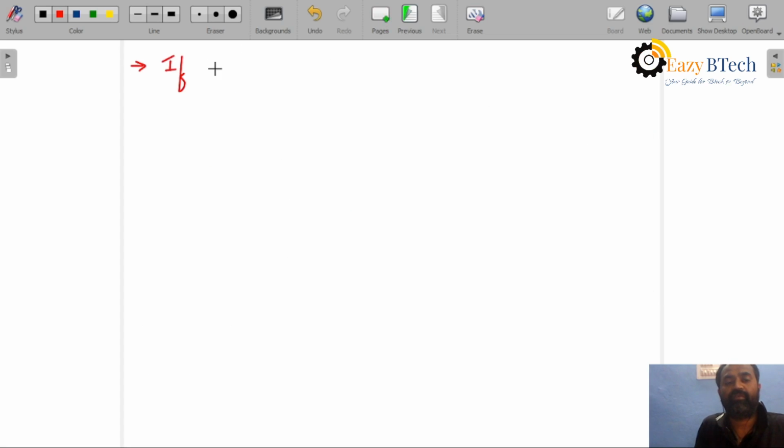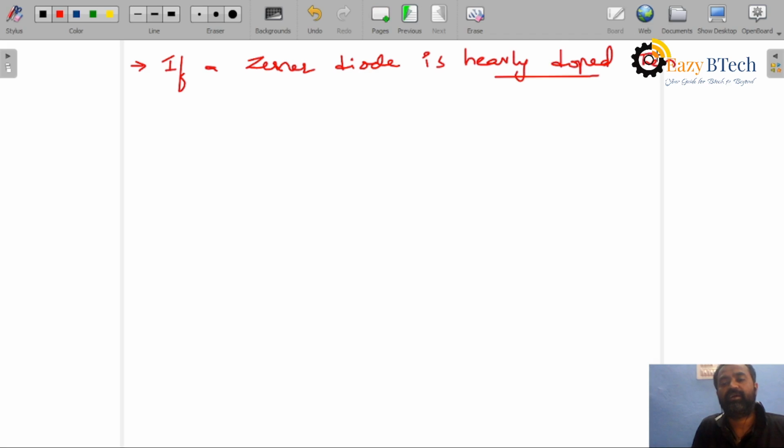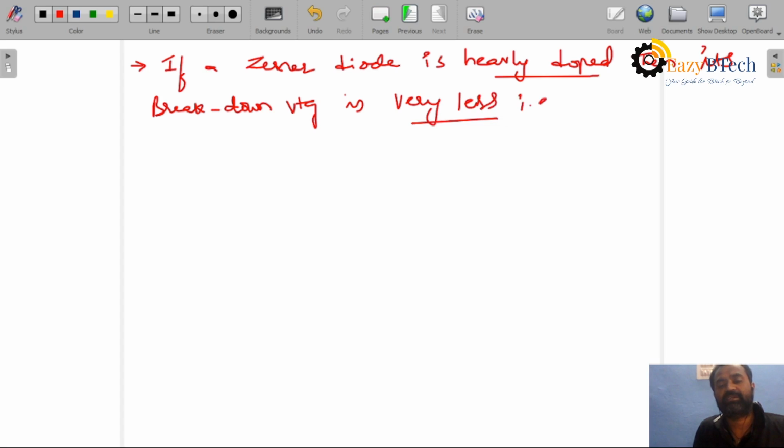If a Zener diode is heavily doped, then its breakdown voltage is very less, that is, less than 6 volts.